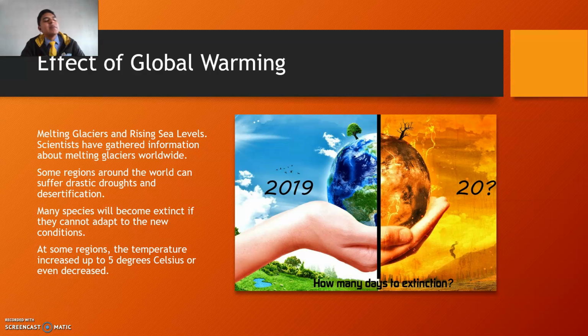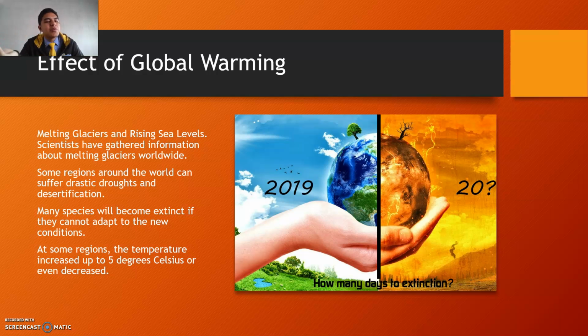And one clear example that I can give you right now is polar bears. Polar bears have their natural environment in the North Pole and the South Pole. And of course, they require ice and glaciers in order to live there. But if their habitat is being melted, how is it possible that they are going to survive?